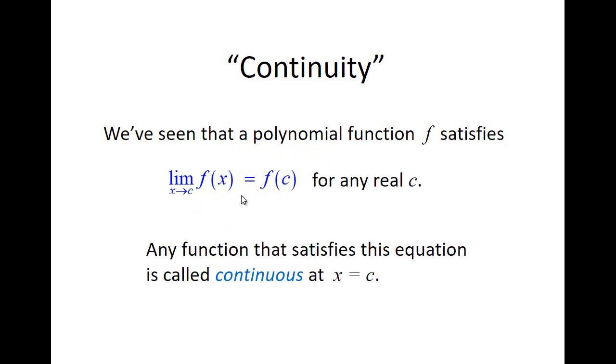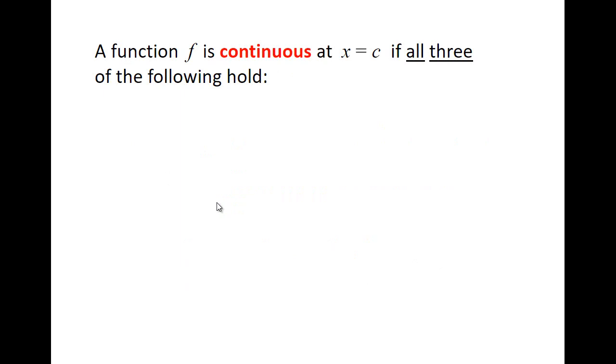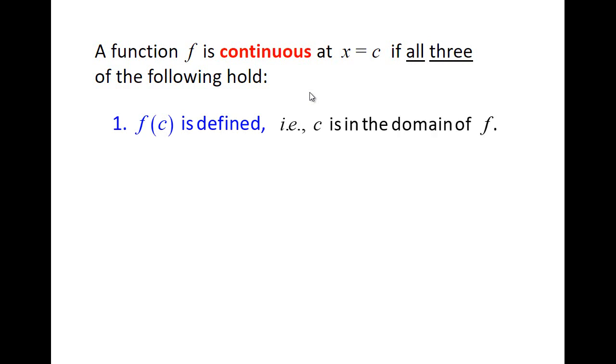Any function that satisfies this equation is called continuous at the point x is equal to c. So we say that a function f is continuous at x is equal to c if all three of the following hold. Number one, f of c is defined, that is, f is defined at c, in other words, c is in the domain of f.